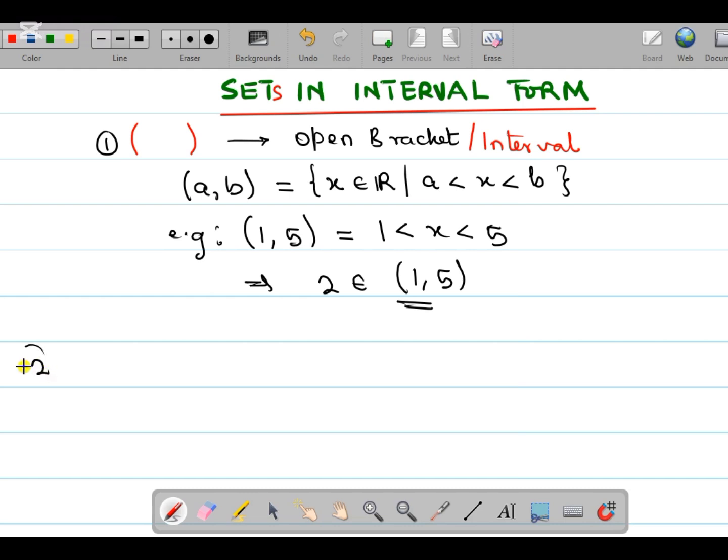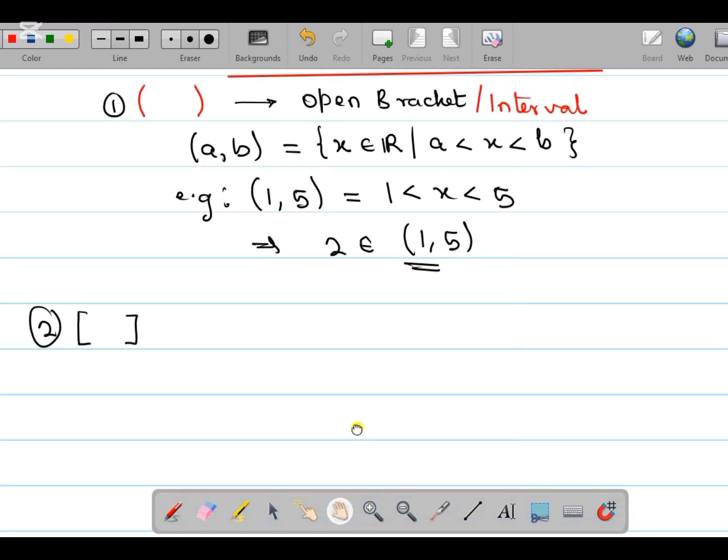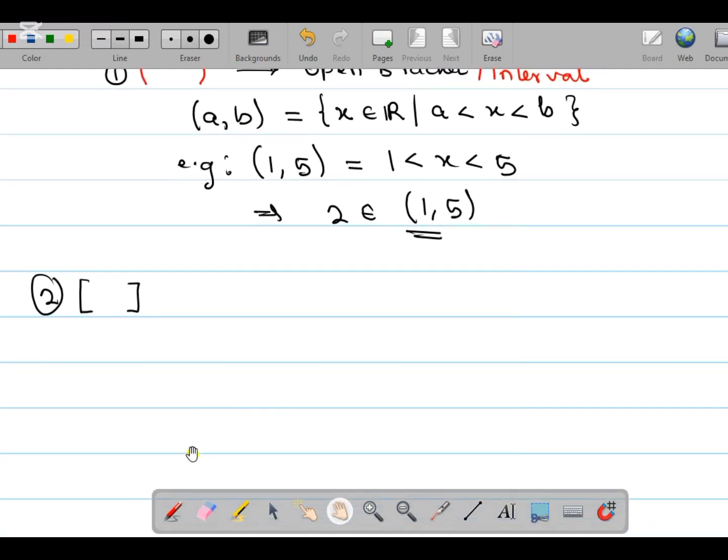The second one is what we call the closed interval. I'm first of all bringing out the extremes. The open interval and the closed interval are the extremes. We have about 4 types of intervals, but you can reduce them to 3, though they are majorly 4. This one is called the closed interval, or you can call it closed brackets.